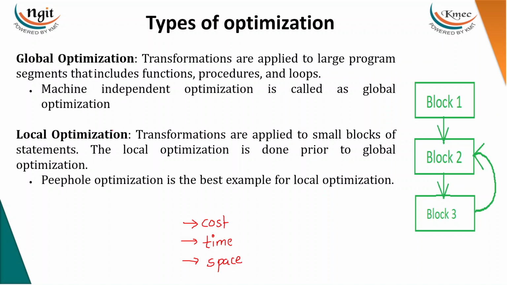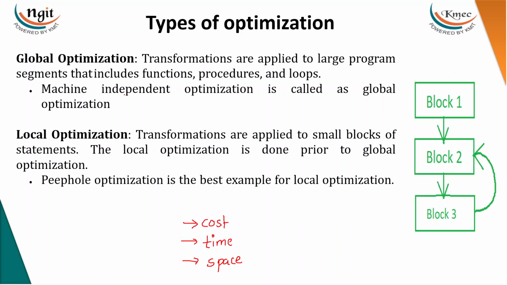So what is meant by global optimization? If it is a large program and we divide it into blocks, those basic blocks can be constructed as a flow graph. If you perform the optimization on more than one block or the complete program, then we call it global optimization. Mainly, machine independent optimization is called global optimization.